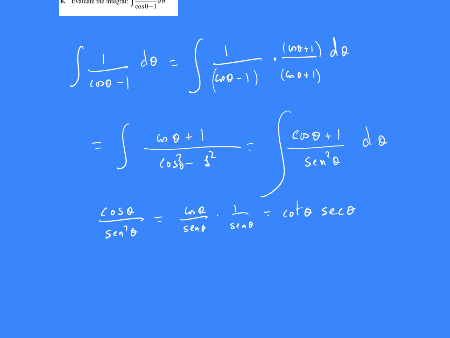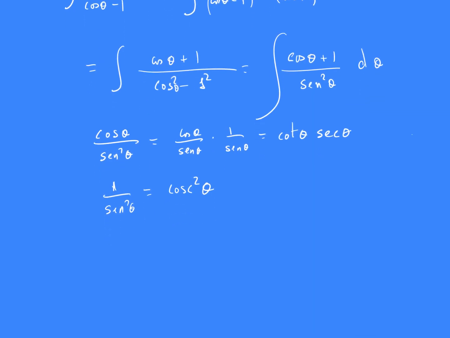It is cosecant theta. And I have to add 1 divided by sine squared of theta, which is cosecant squared of theta.